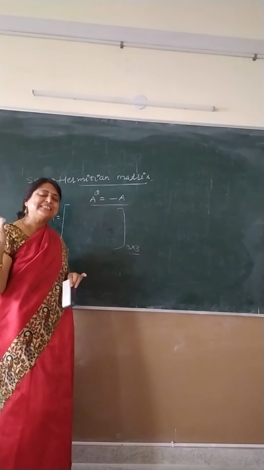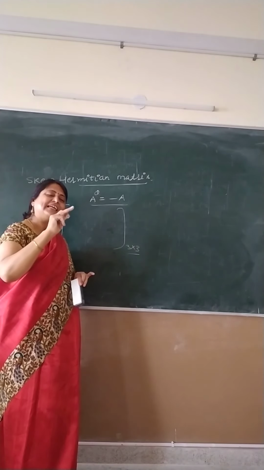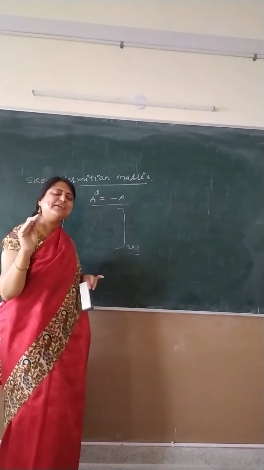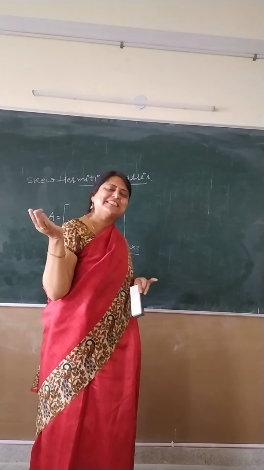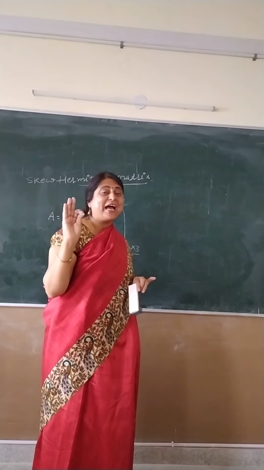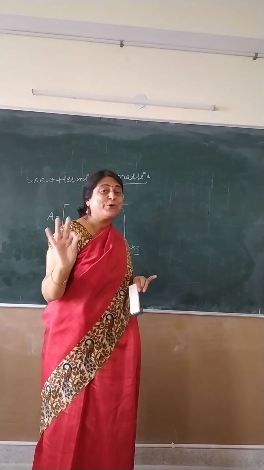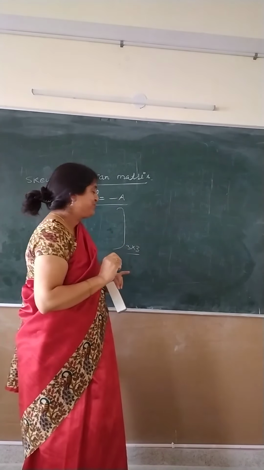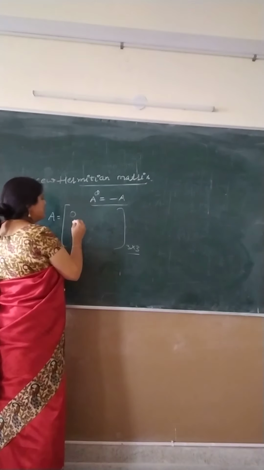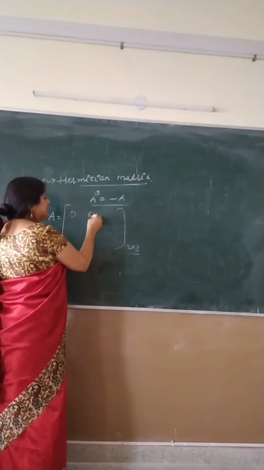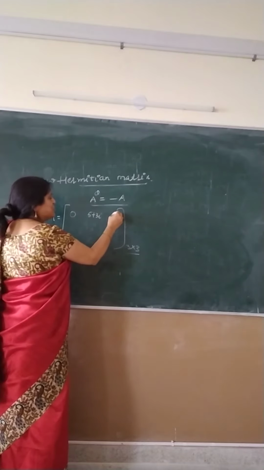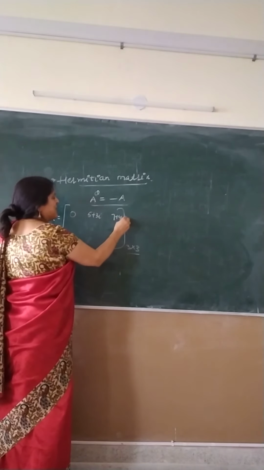And after this, what should the diagonal entry be? Either 0 or purely imaginary. So this 0, I am writing here 5 plus 3 iota. Write anything, 7 plus 4 iota.